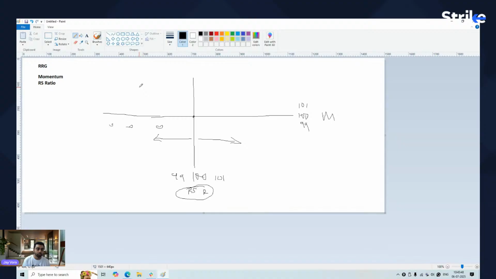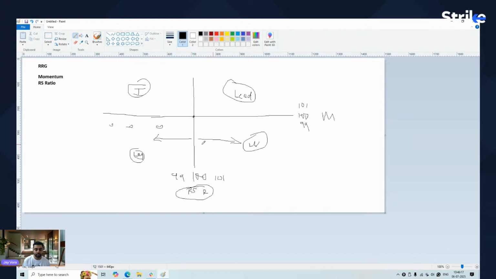In terms of quadrants in RRG, improving comes over here. Sorry, this is lagging. This is leading, and this is weakening.